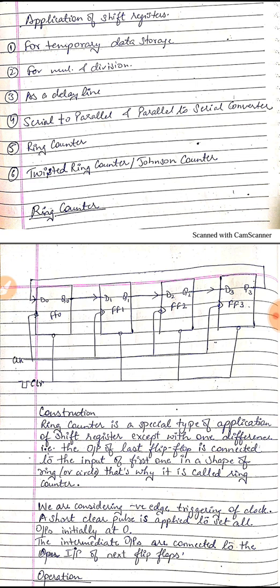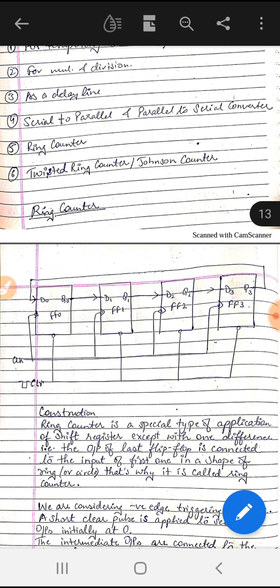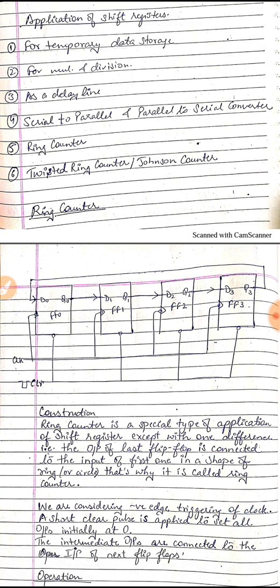It is used to divide the clock frequencies in timer circuits as well. It can be used as a delay line, or serial to parallel and parallel to serial data converter. It can be used as a ring counter and twisted ring counter, that is called Johnson counter.